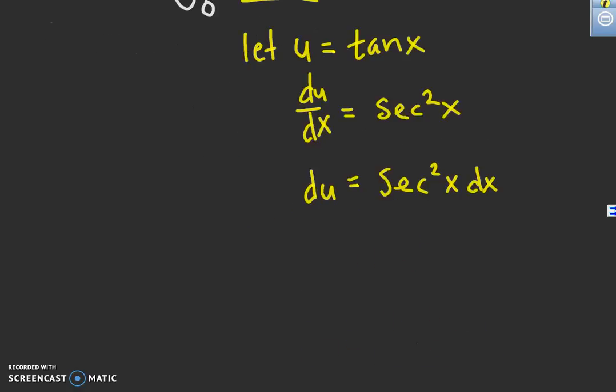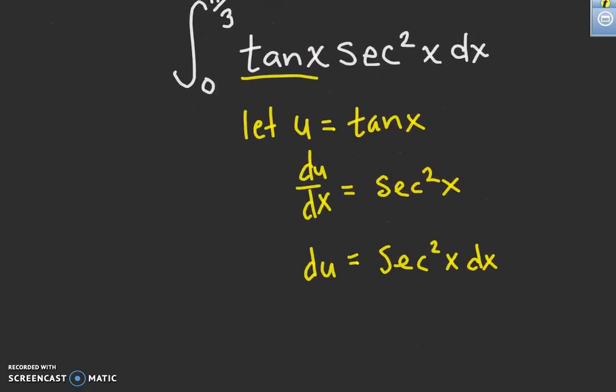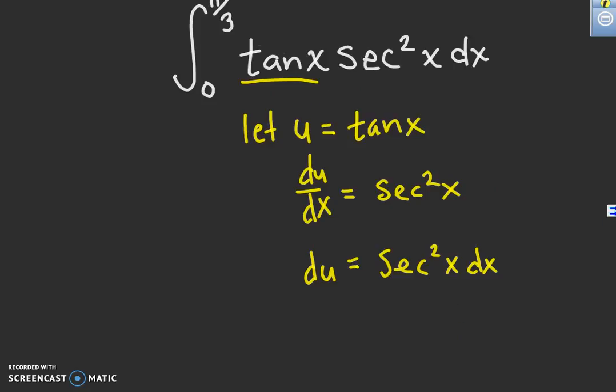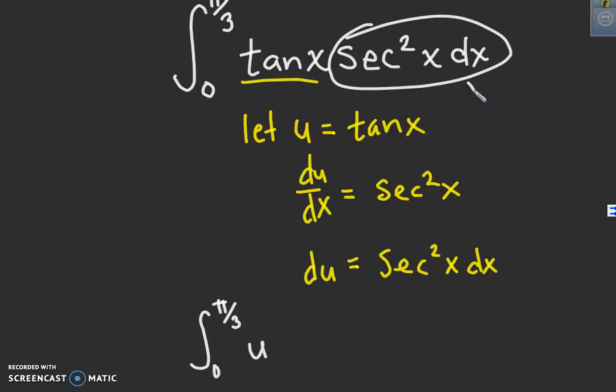After you plug in your values, you now have the integral from 0 to pi over 3. Now we have a u, that's what we let our u-substitution be, and this part is du.